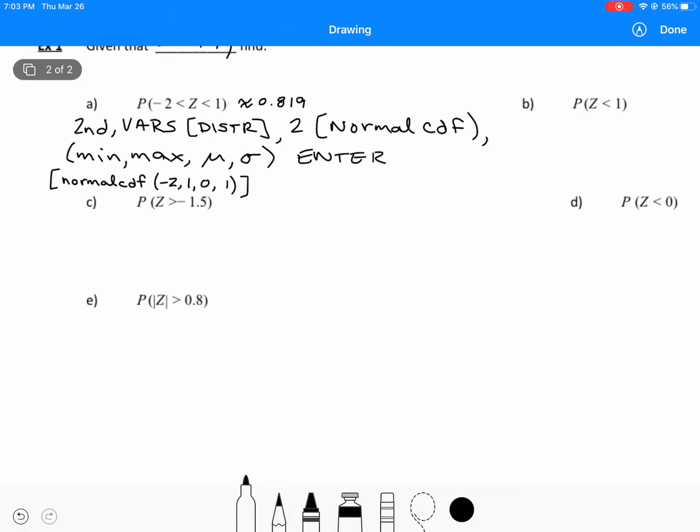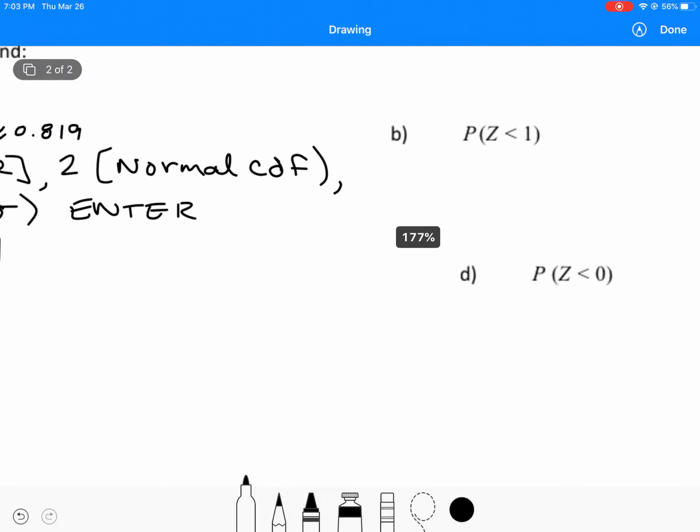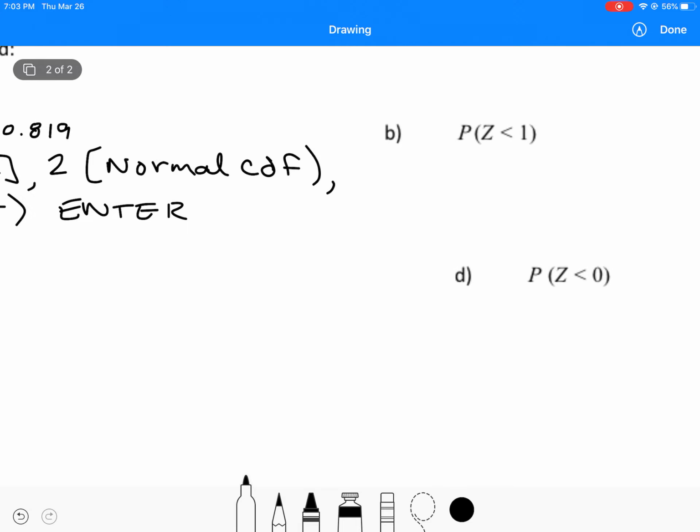Let's try another one. Now we've got the probability that z is less than 1. This causes a little bit of a problem because we don't have 2 endpoints of our interval. So what we're going to assume is that if z is less than 1, our other endpoint, you can sort of imagine it over here, is just going to be a really, really, really big negative number.